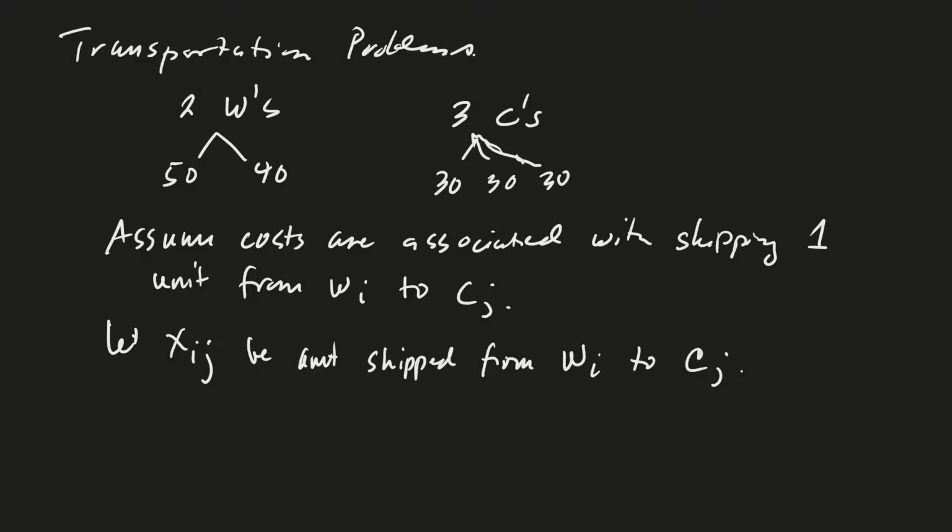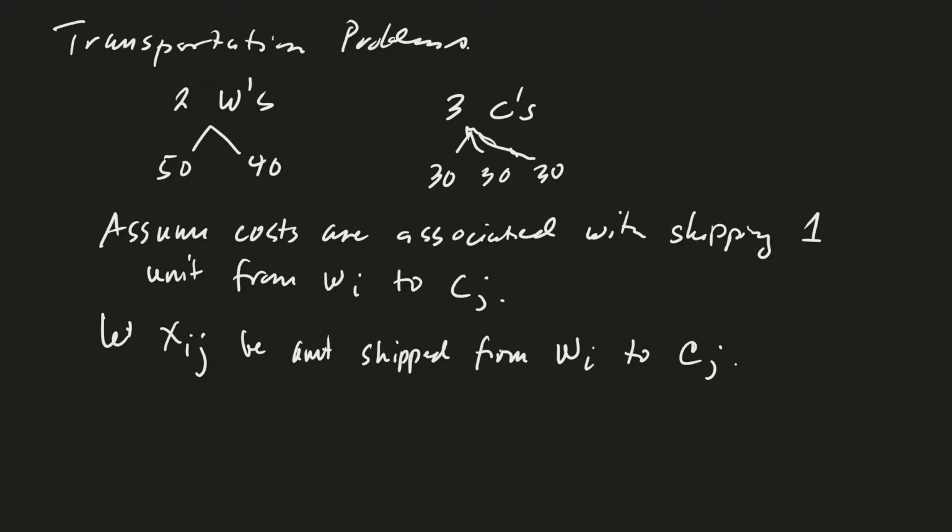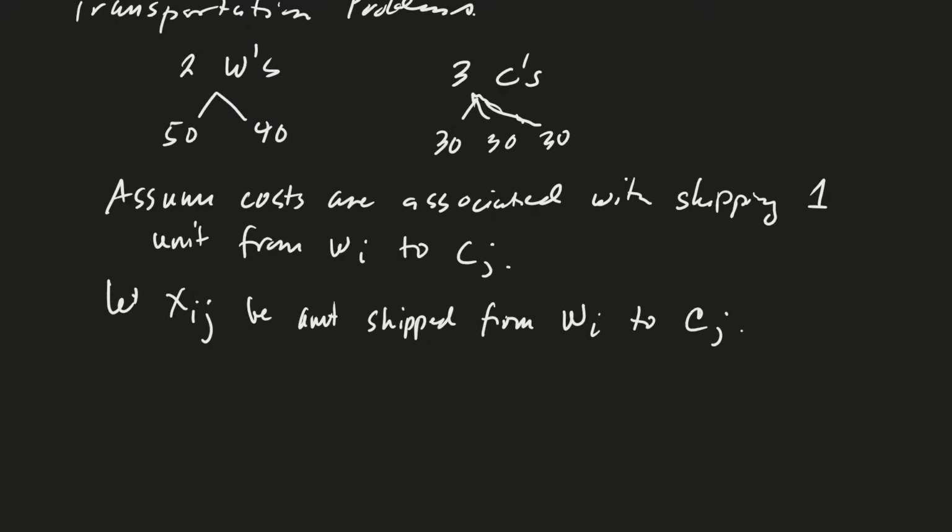So then what is my linear program here? This is a linear programming problem. What is it that we want to minimize? We want to minimize the shipping cost.